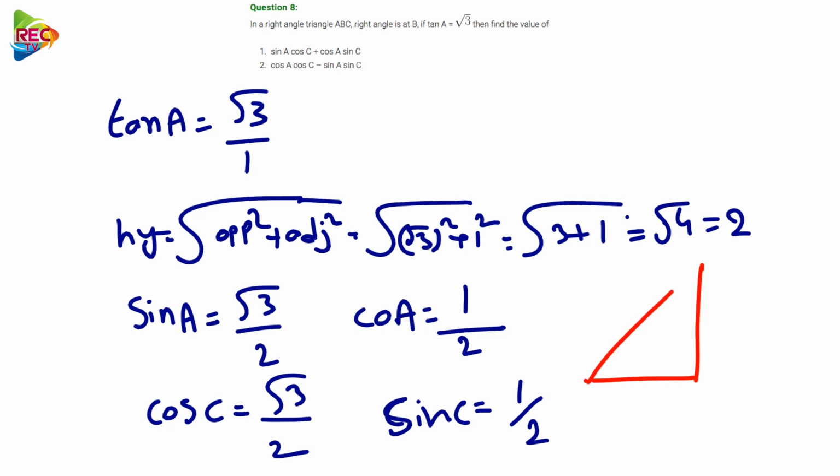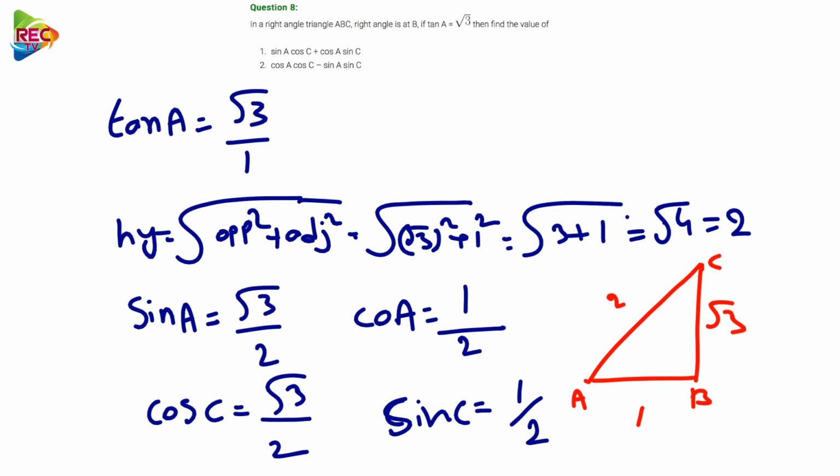So this is the right angle triangle ABC. Hypotenuse equals 2, opposite side equals root 3 and adjacent side equals 1.